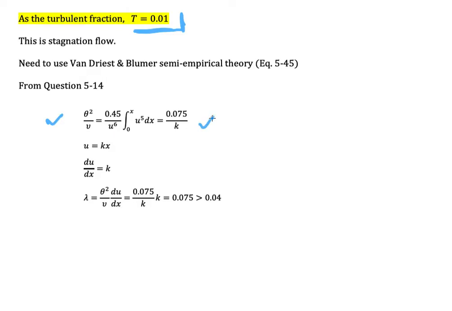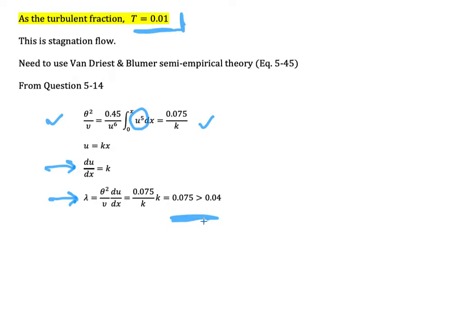We substitute u equal kx, and then we could simplify it as 0.075 over k. Then we differentiate, du dx is equal to k, because we want to solve the value of lambda.